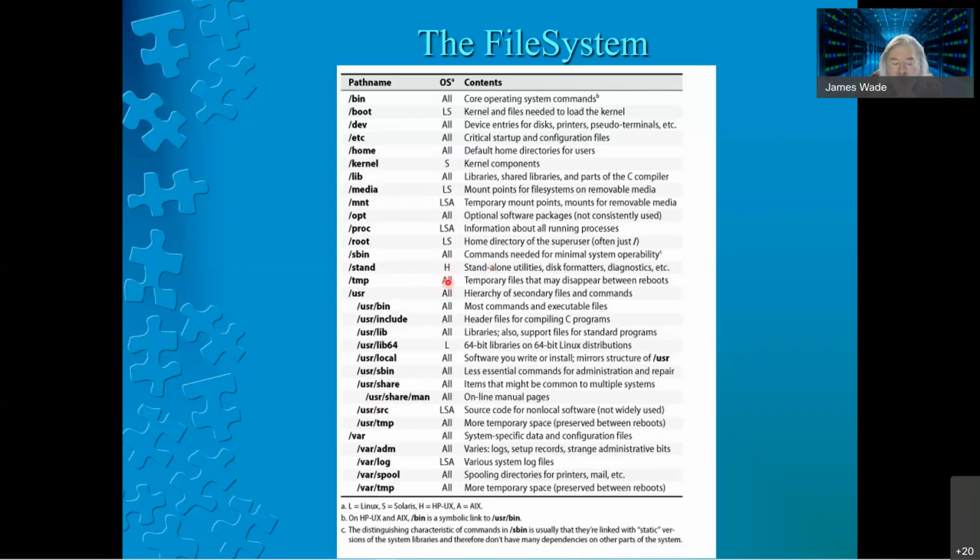/tmp, all have /tmp. And let me ask you this. Well, it already says here, when you reboot, anything in temp disappears. Here's the only problem with temp. This is funny too. Sometimes they'll take temp and they'll link it to memory, so that the temp space is actually in memory. And temp only has a limited amount of space.